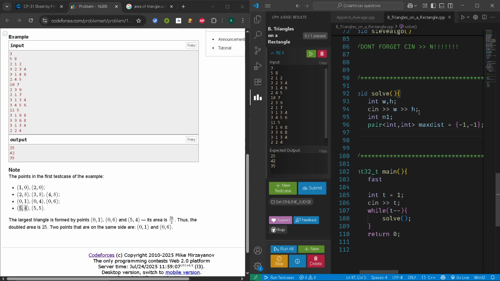But if I look at the second test case, there are two sides. There will be two possibilities. If two sides are given with the third side, I need to calculate.